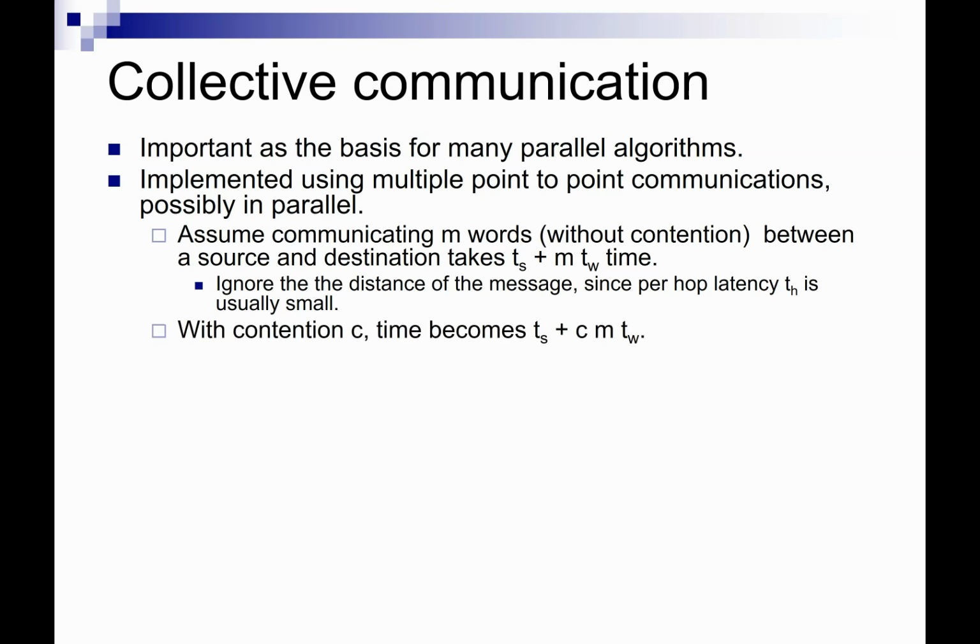Also, if we have contention C, that means there are C processes trying to send through the same link. If each of these processes tries to send m words, then the time for all of these sends is basically this expression over here.